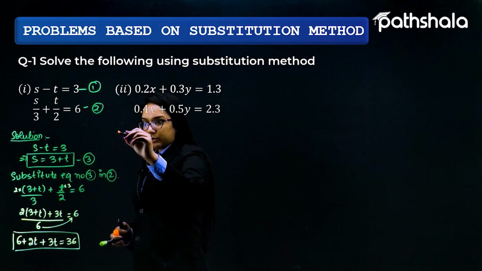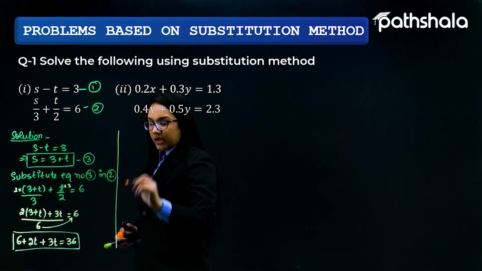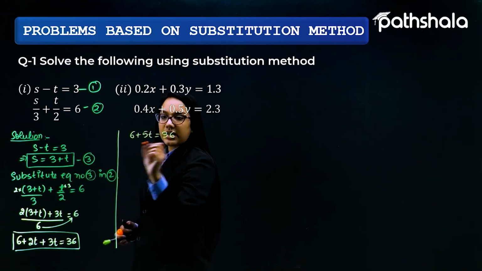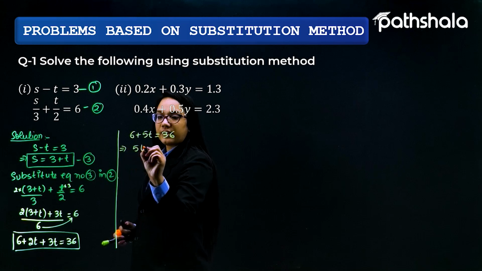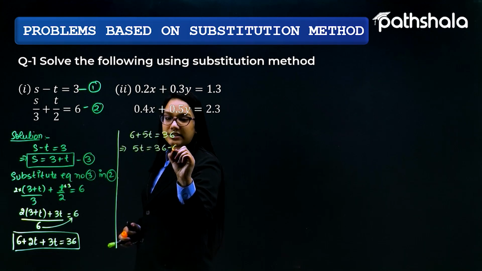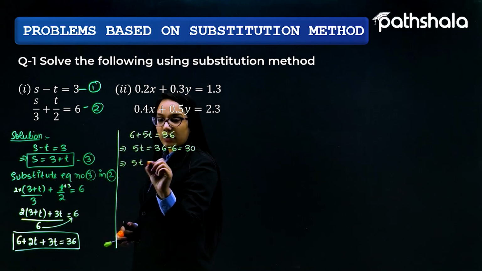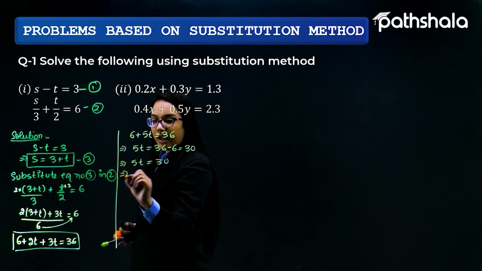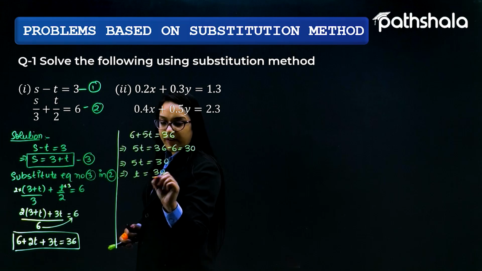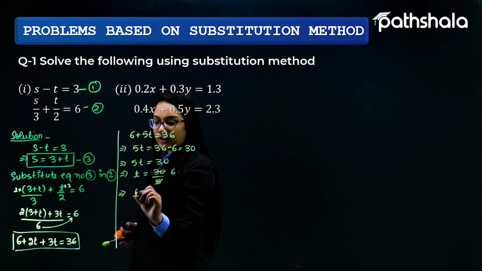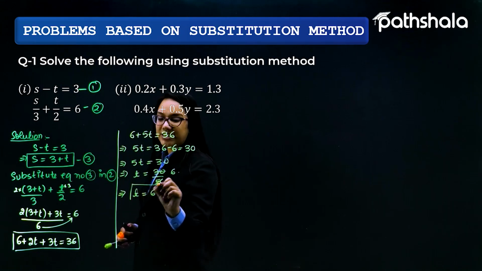We have 6 plus 2t plus 3t, which means 6 plus 5t is equal to 36. Further, 5t is equal to 36 minus 6, which is 30. Hence 5t is equal to 30, so t is 30 by 5, which is 6. So at the end, the value of t that we are getting is 6.